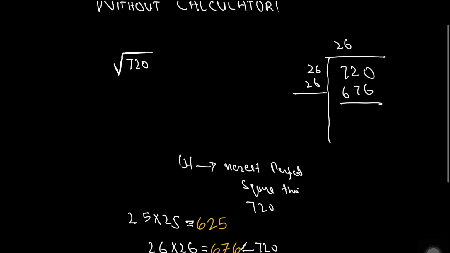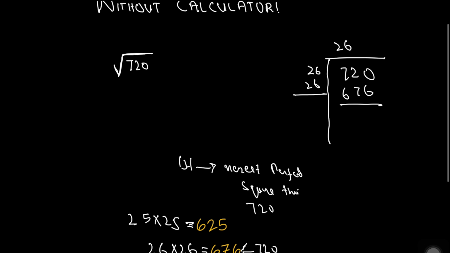Now the second step is to simplify the subtraction. 10 minus 6 is 4, and here we borrow 1 from 7, so it is 11. 11 minus 7 is 4, and here 6 minus 6 is 0. So here we get 44.